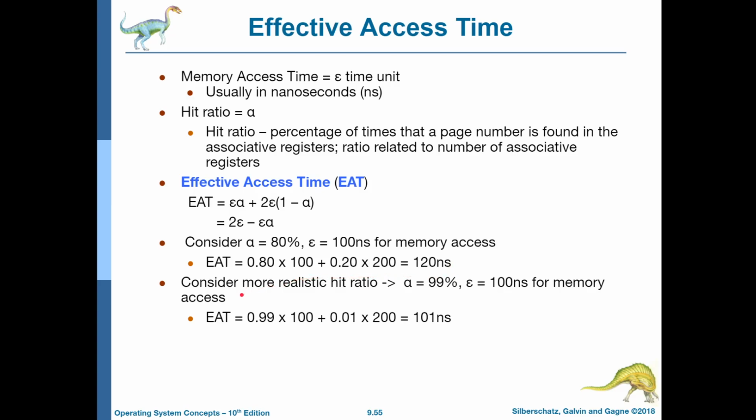We can see this improve if we keep our memory access time the same, but improve our hit ratio, where it's at 99% now. We can see that this calculation brings us down to 101 nanoseconds. So clearly, the key here is to improve our hit ratio so that we can improve our effective access time.